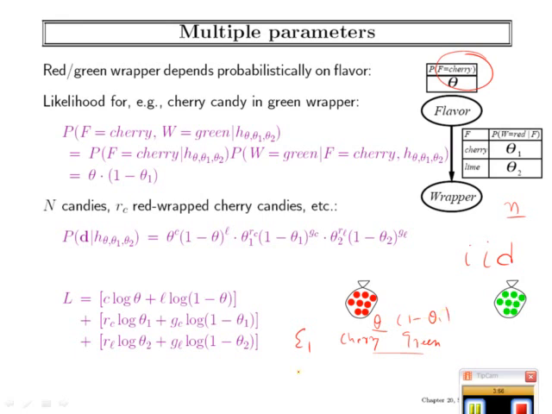For the second example, E2, let's say it is a lime with a red wrapper. The lime part is going to get you 1 minus theta, because you picked a lime and then decided what wrapper to put it in. So the prior probability of a lime is 1 minus theta, because theta is the probability of cherry and 1 minus that is the probability of lime.